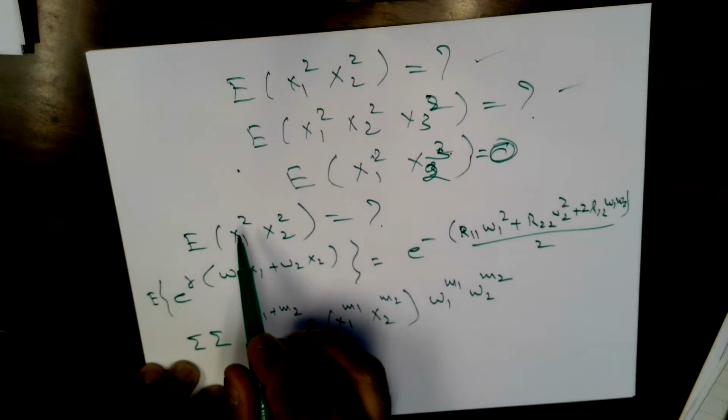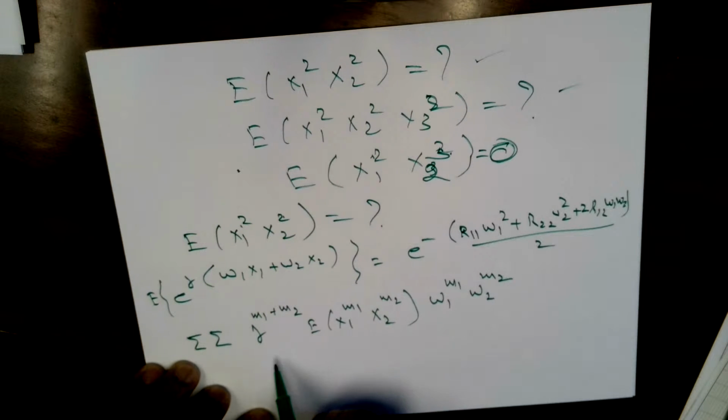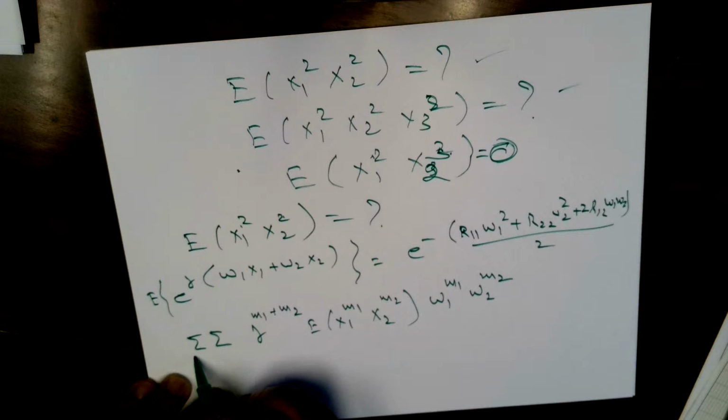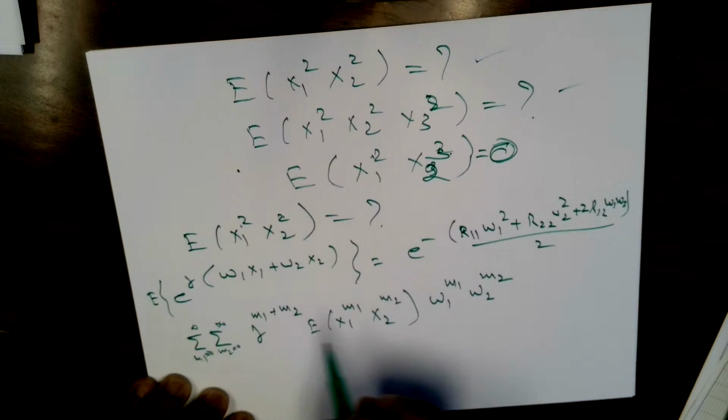But what we are interested in is 2 here. There are an infinite number of terms here, m1 going from 0 through infinity, m2 going from 0 to infinity.